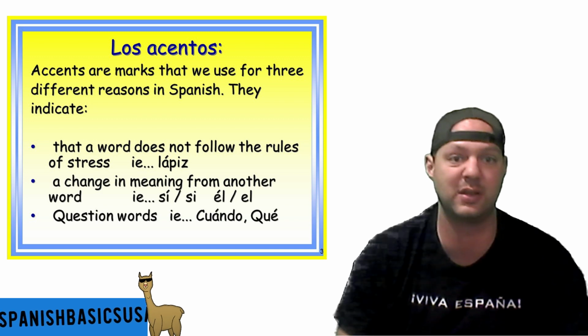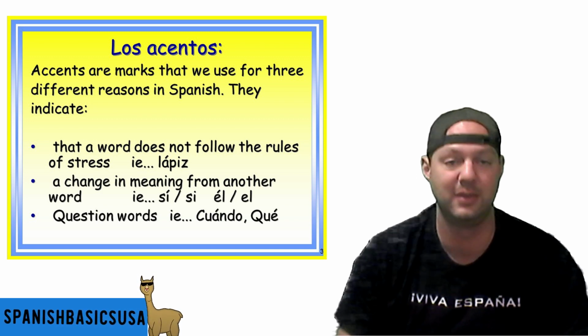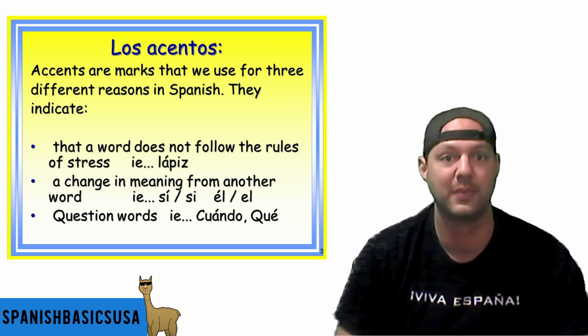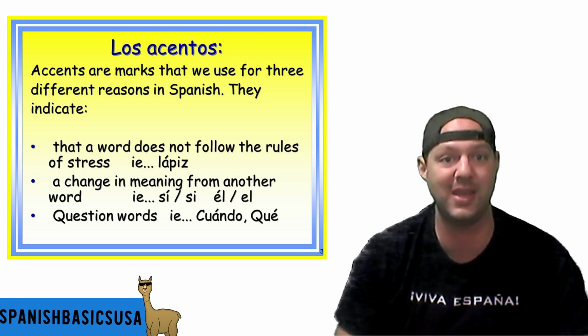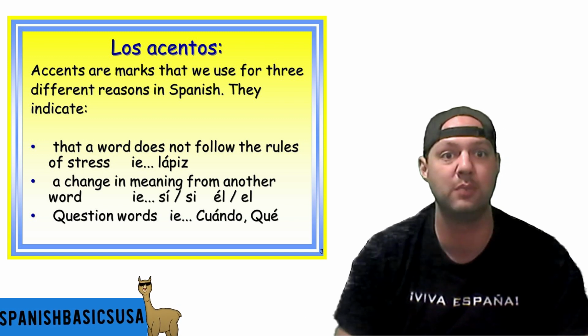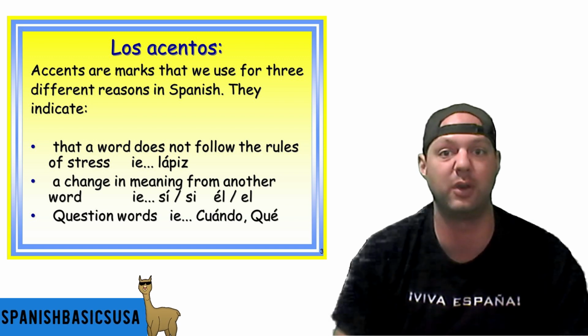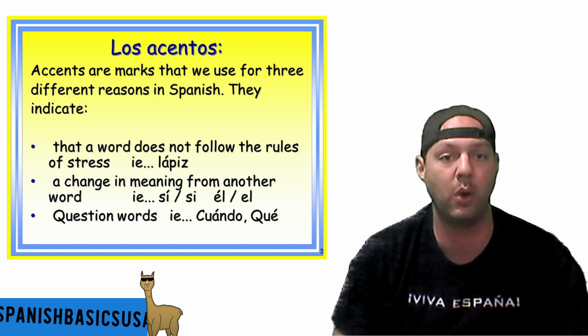If you don't have an accent, it's if. Another example is él and el. The first one with an accent mark means he. The second one without an accent mark means the. We have to be very specific with the accent just to show what we're meaning in our word.